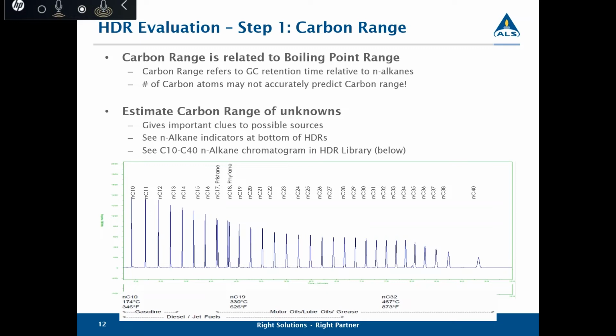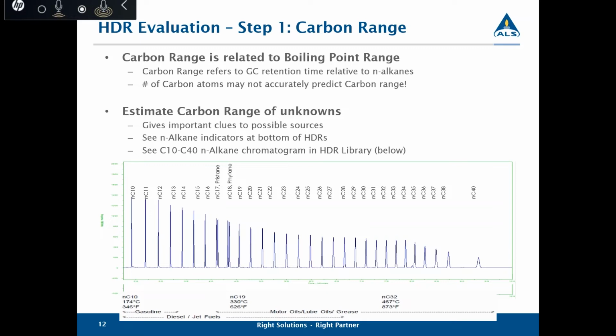Start by looking at the n-alkane indicators at the bottom of your HDR report, or if necessary, look at the actual C10 to C40 alkane chromatogram from the HDR library. It is important to understand that carbon range only refers to the retention time of alkane marker compounds. So it's more related to the boiling point range than to the number of carbons.